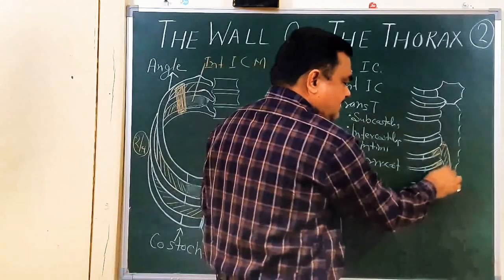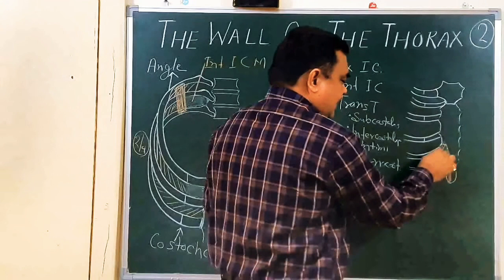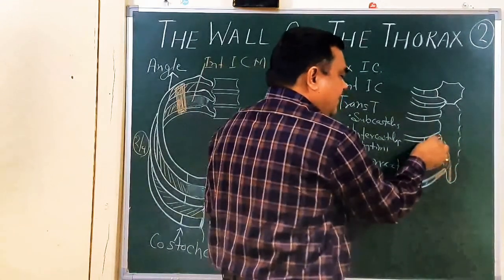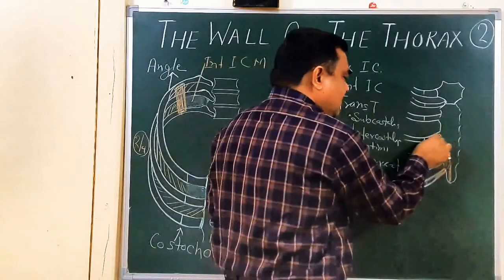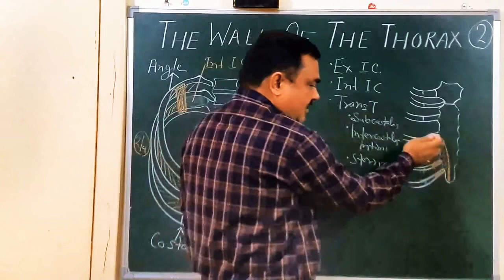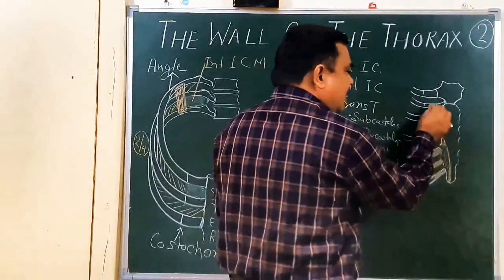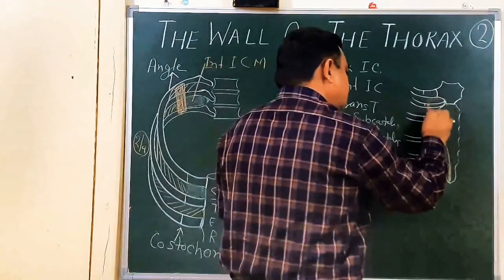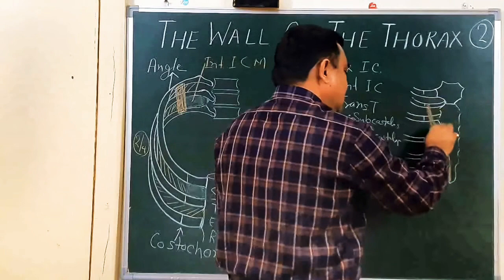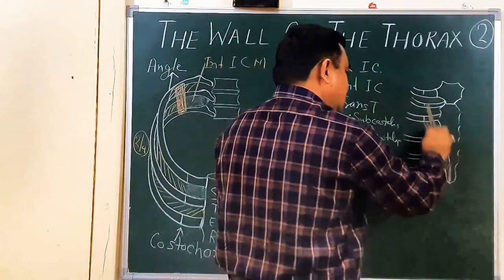This is 7th costal cartilage. This is 6th costal cartilage, and here is 5th costal cartilage, and sometimes there is also 4th costal cartilage here. The muscle fibers take origin from this side and are inserted on 2nd costal cartilage and 3rd costal cartilage.